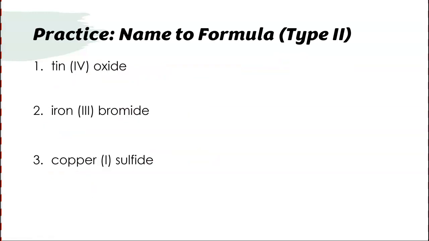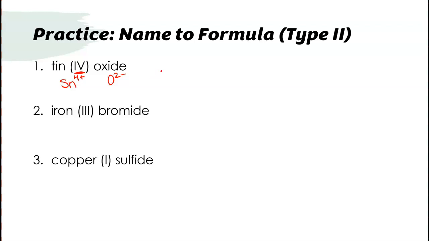So now the name to formula is pretty easy. We know that oxygen makes a 2-, and it's tin(IV). And so you just make this a number. So it'd be tin, and it's 4, and since it's a cation, it's always plus.